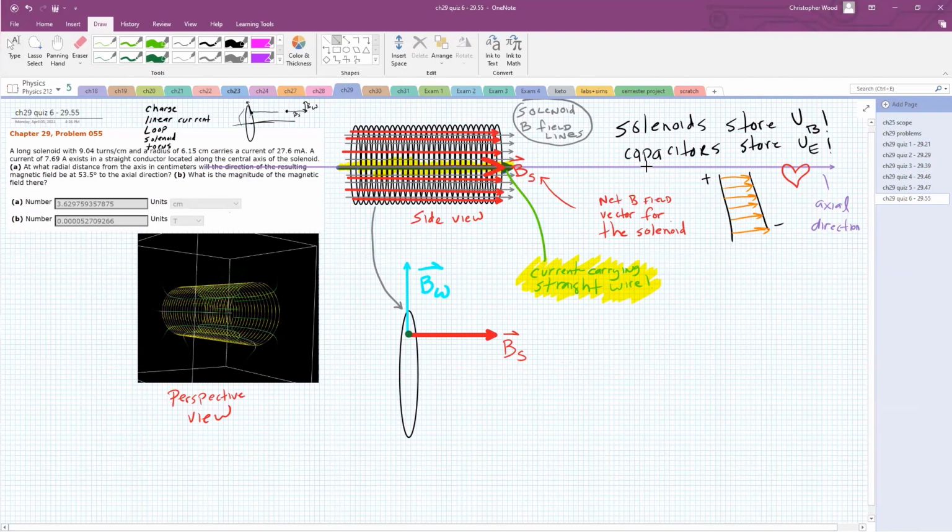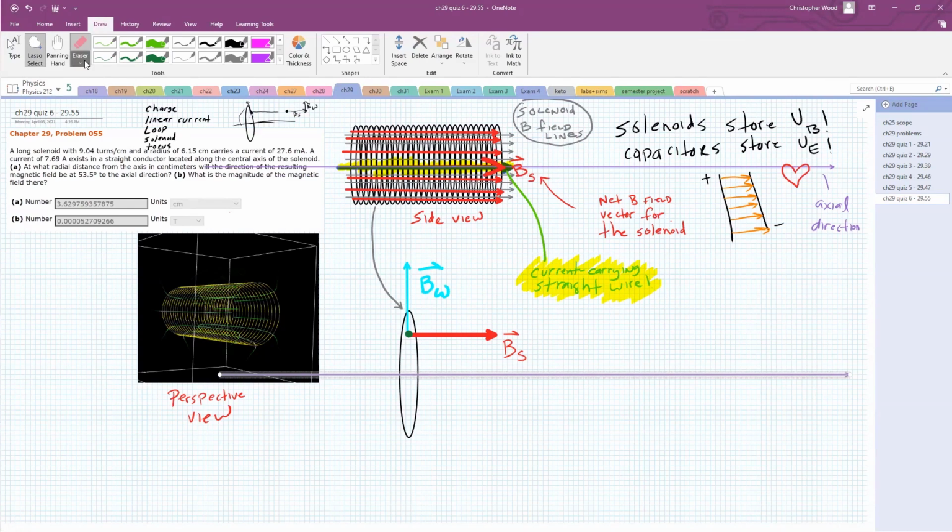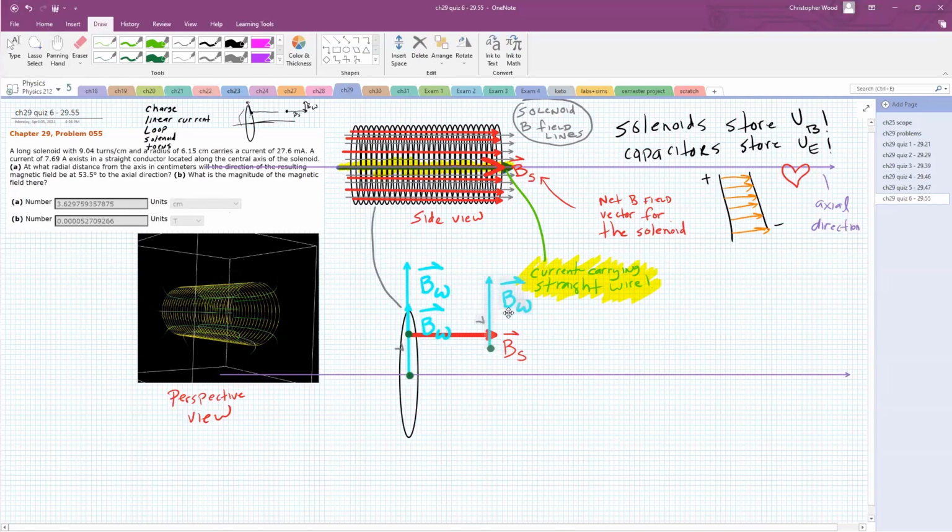I'm going to go from this very busy drawing to maybe this less busy drawing. There's my longitudinal axis. Okay, so then there's my vector diagram. I'll make a little copy of that. Copy, paste, and there it is. I'll move this over.